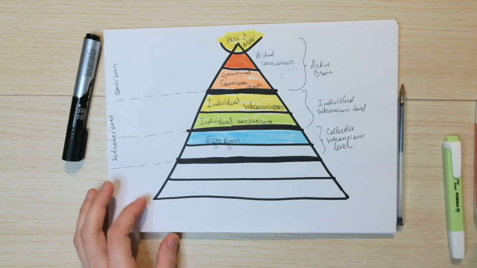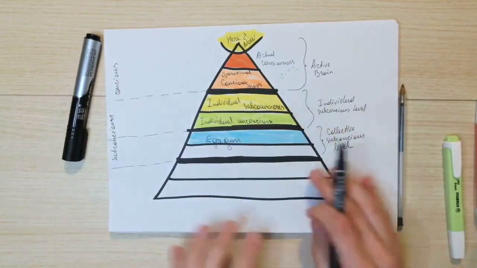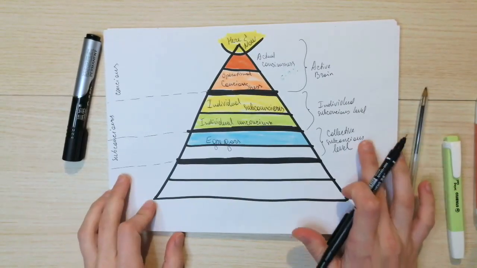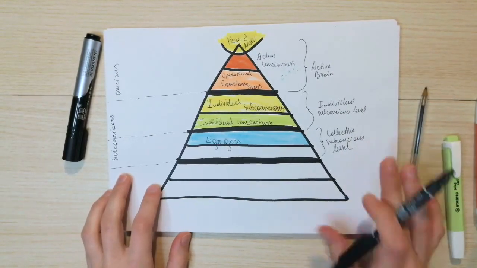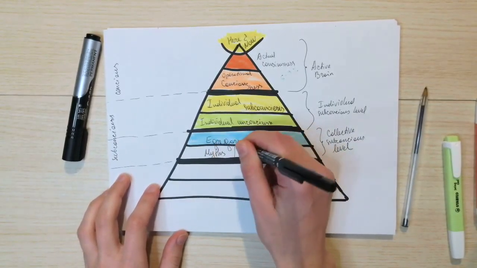Okay, so after the egregores, we are moving deeper on the subconscious collective level, and that is myths, archetypes.